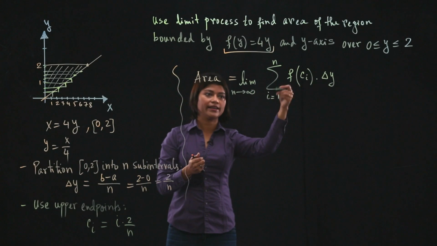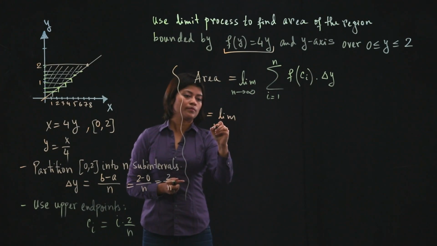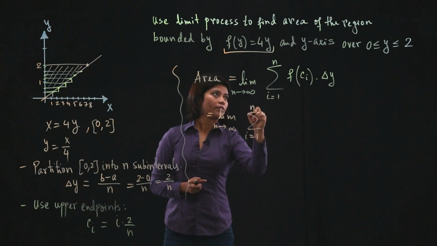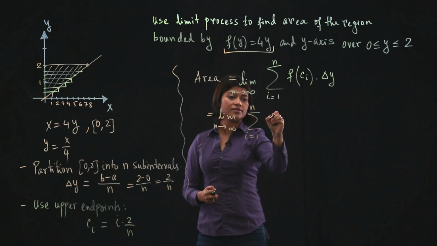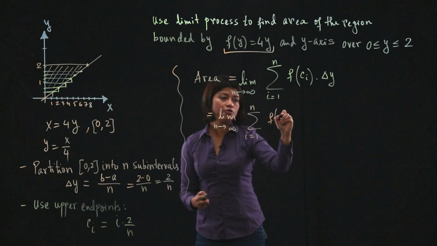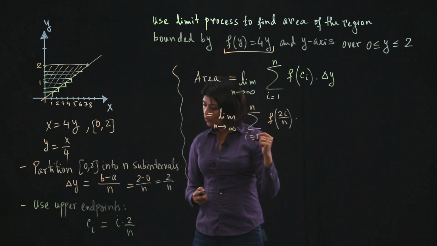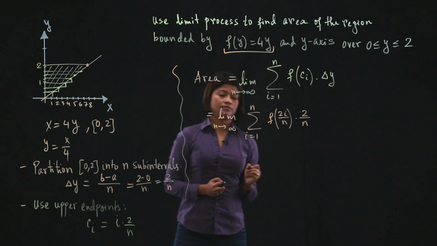Okay, so let's plug in everything that we know. We have the limit, we have the sum. f of Ci is f of 2i divided by n, and delta y is 2 over n.